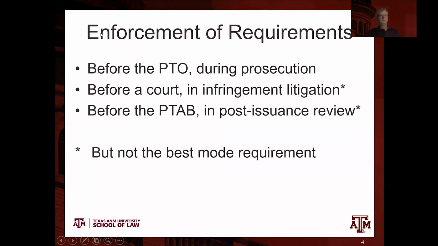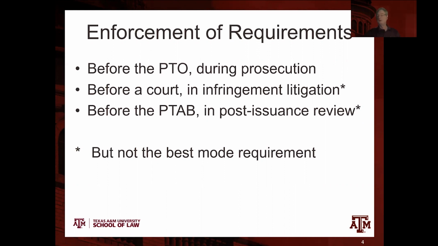Okay, so again, as we saw for novelty and non-obviousness, these requirements can be enforced by the PTO examiner when you apply for a patent. The examiner can say, no, it's not novel, it's obvious, it's not useful, and so on. And then you can respond by amending your claims or rewriting your patent application entirely, refiling it, or you can argue with the examiner. We'll see that in the case for today.